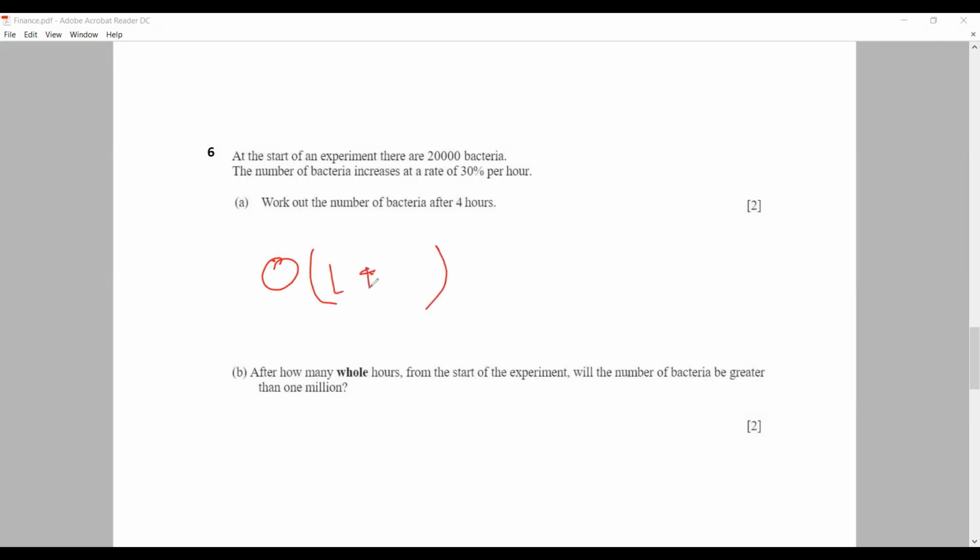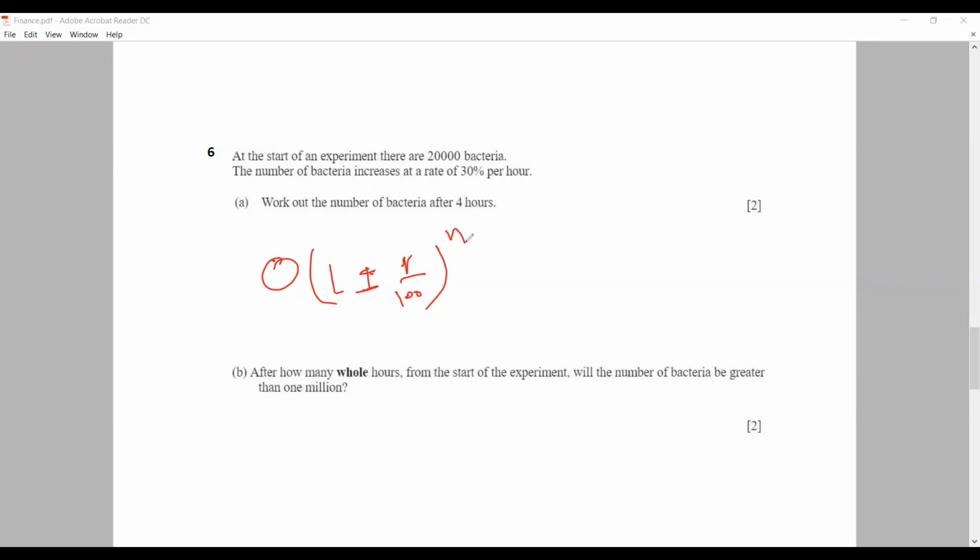We use plus if it was the growth or increase. We use minus if it was the loss. And then we put the rate here, right? And then if we have a number of years or certain period of time, you also raise it to the power of n. So that's the idea.